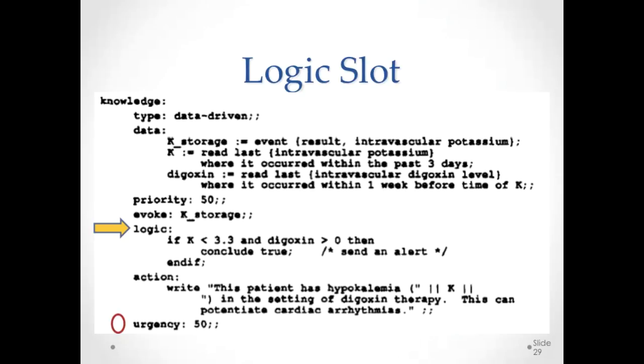So they had to know that 3.3 was in the units they wanted, and they had to make sure that all the potassium values coming from all the systems, no matter where they were, whether it's bedside or in the lab or with this analyzer or that analyzer or some external lab, were in the same units for this rule to even work. So there's a lot of pre-work that's needed with the data to make the rules work also.